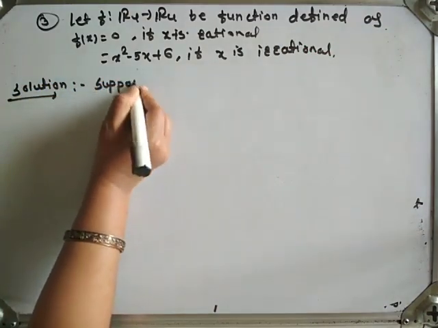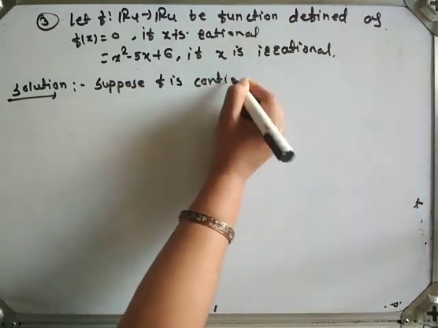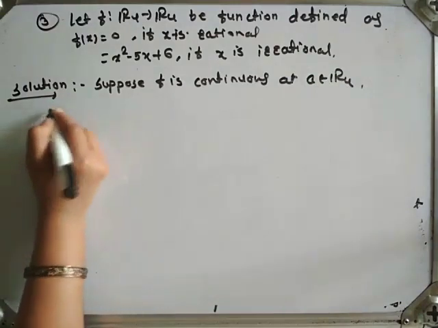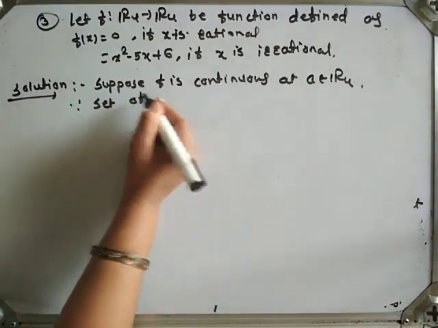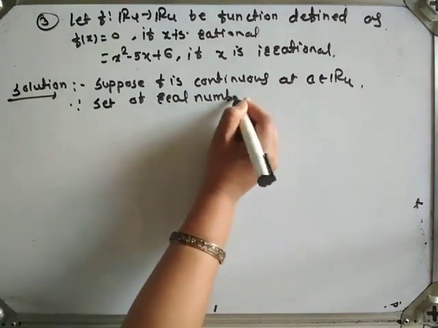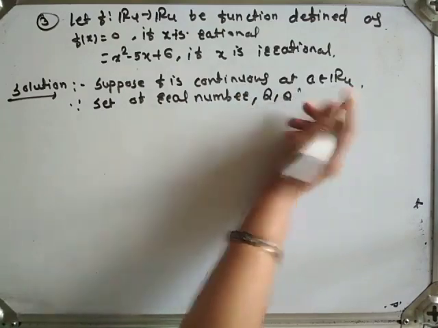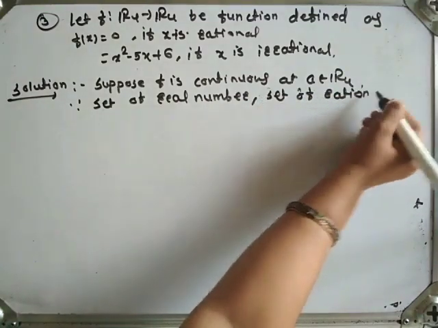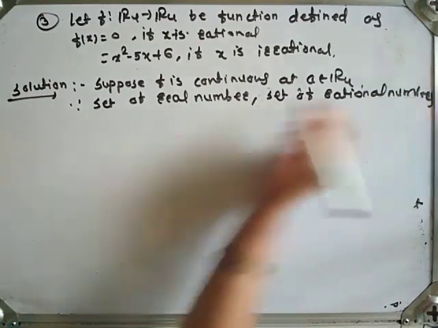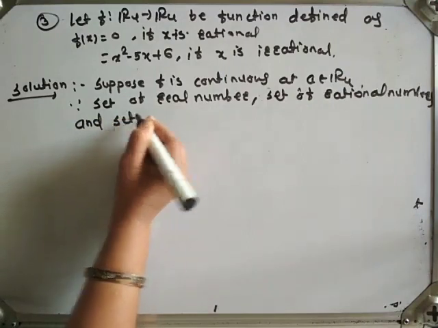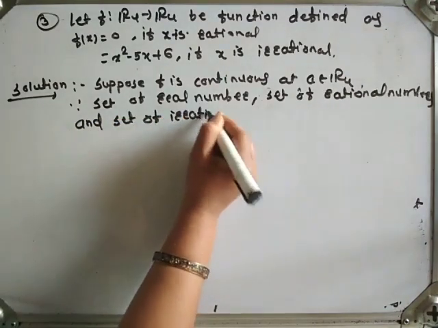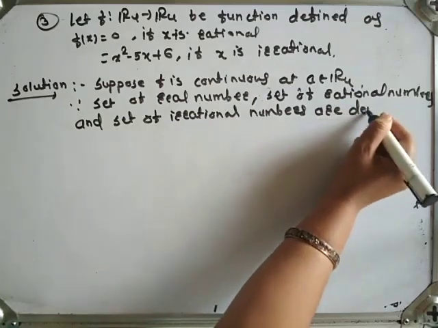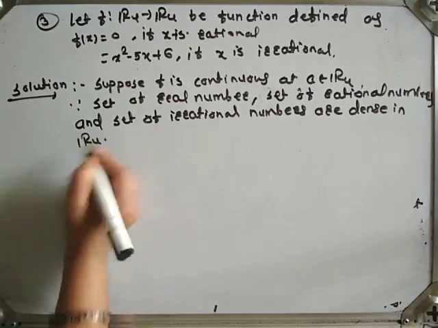Suppose f is continuous at a belonging to R. Since the set of rational numbers Q and the set of irrational numbers are dense in R. Okay.